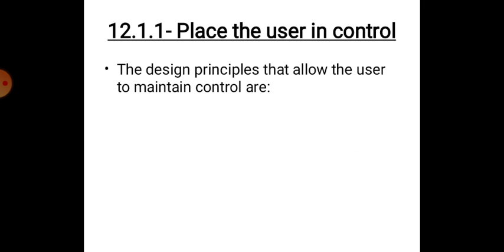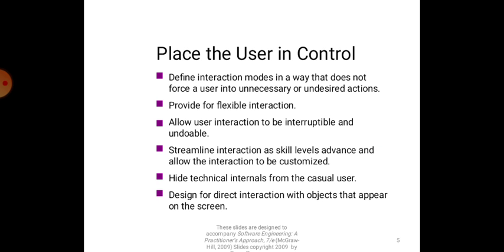The design principles that allow the user to maintain the control are: 1. Define interaction mode in a way that does not force a user into unnecessary or undesired actions. For example, an interaction mode is the current state of the interface.